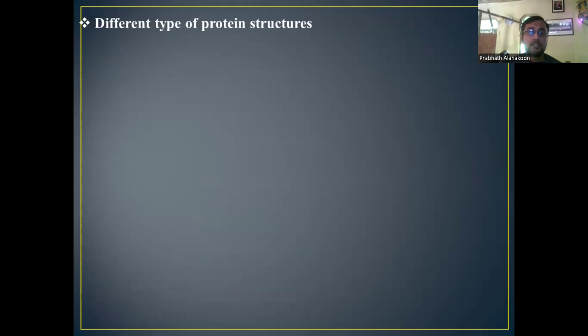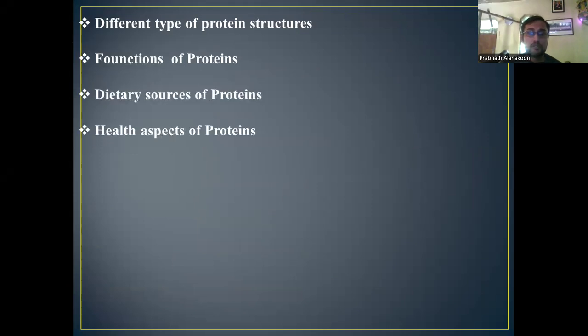Next are the different types of protein structures. Next, functions of proteins. Next, dietary sources of proteins. Next, health aspects of proteins. Finally, complete proteins and incomplete proteins.